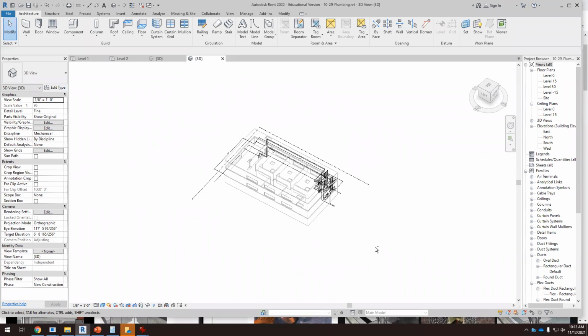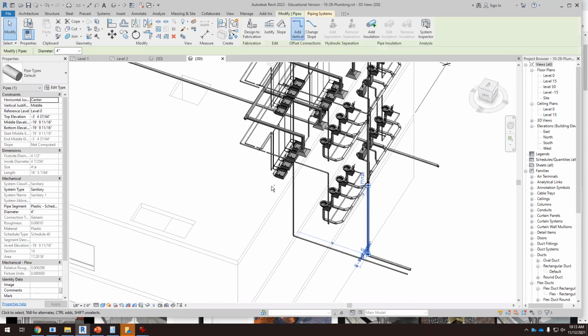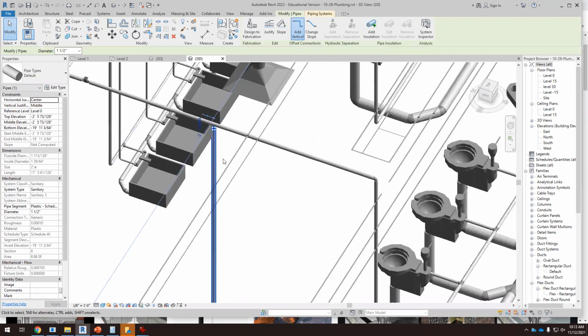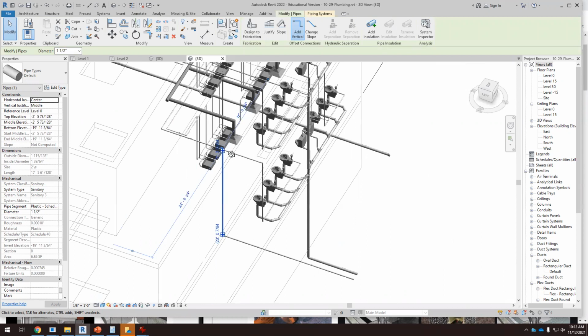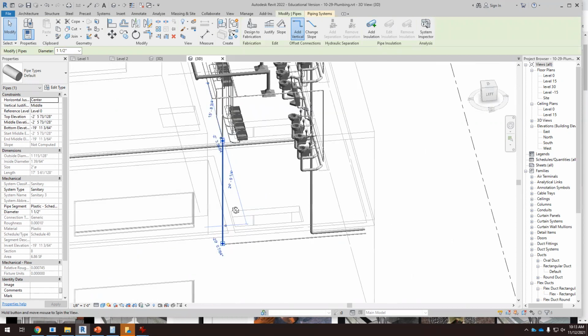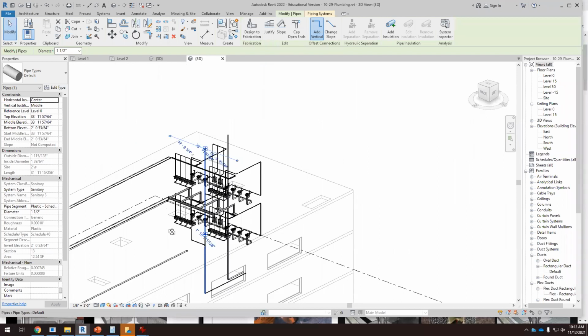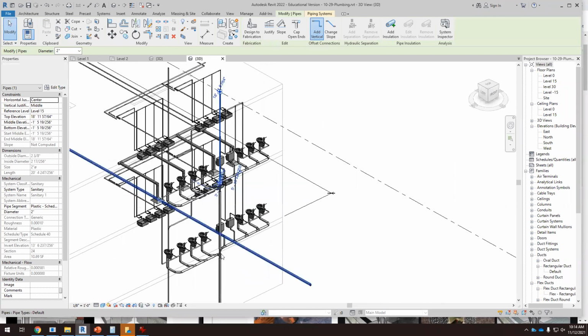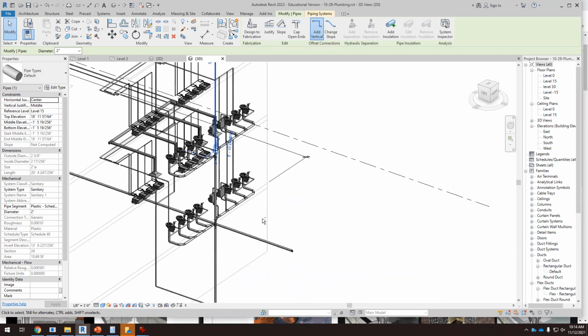Here we have a pipe or a stack coming down from the toilets, and we have another one coming down from the lavatories or the sinks. Remember that we have to extend this pipe beyond the roof level, so this is the vent for this stack coming from the lavatories, and then we have this vent for this stack coming from the toilets. Okay, so this is what we have already done.